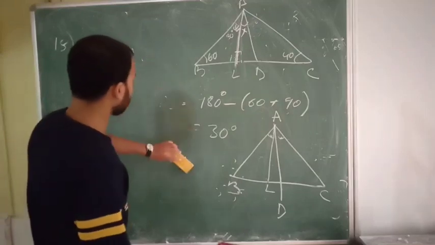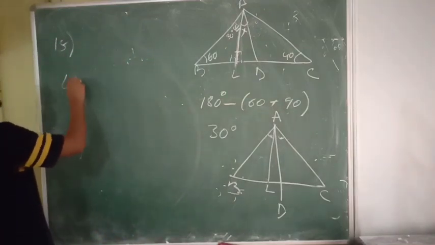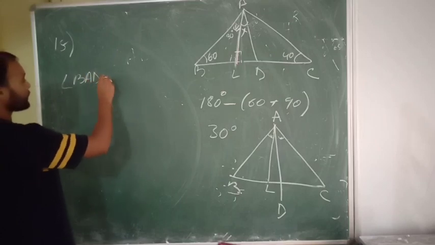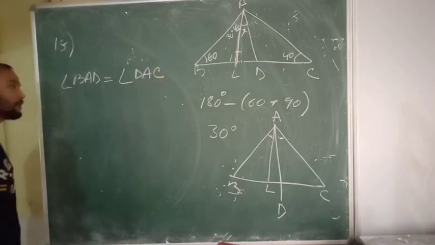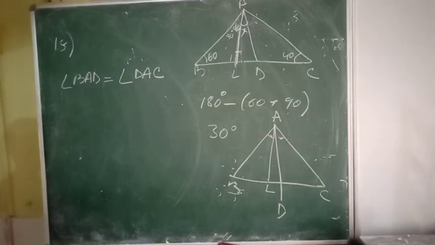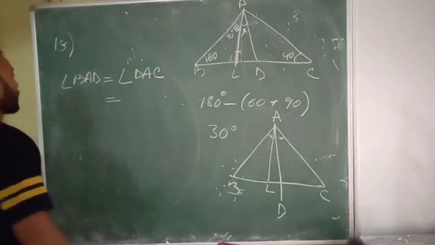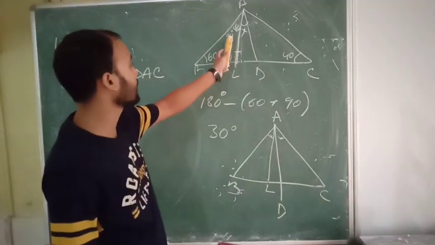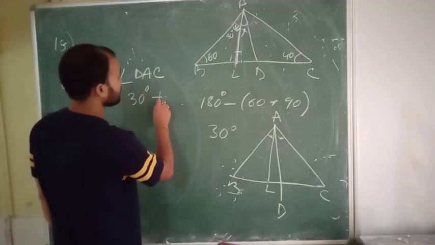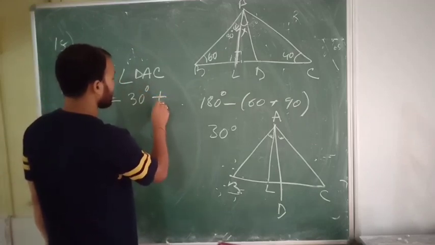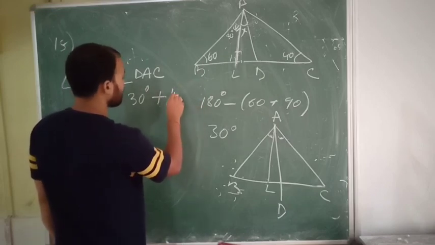Okay. Now see, angle BAD is equal to angle DAC. This is fine. Again, you see, BAD is this angle plus this angle, equal to 30 degree plus angle LAD.